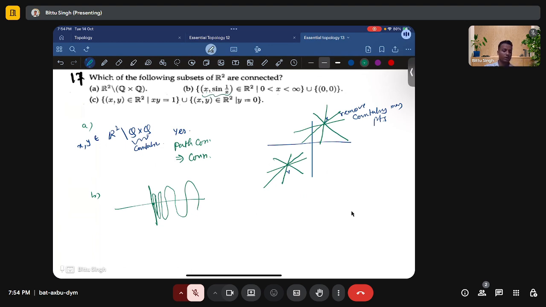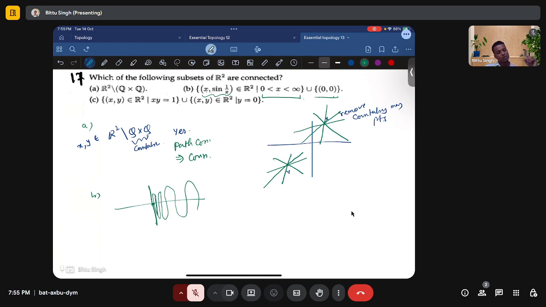Therefore, this will always be connected because the domain is connected, so the graph becomes connected. It is homeomorphic to the domain (0, infinity). So that part is connected, but (0, 0) is taken from the origin.